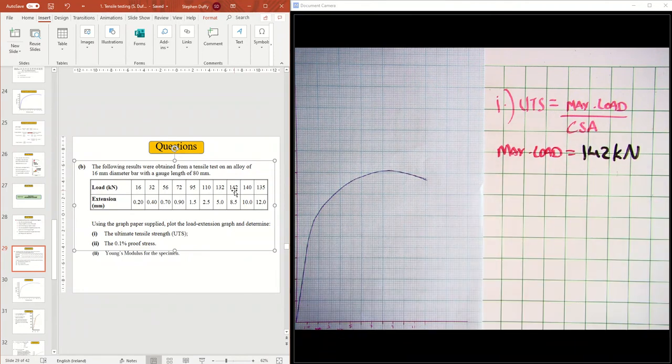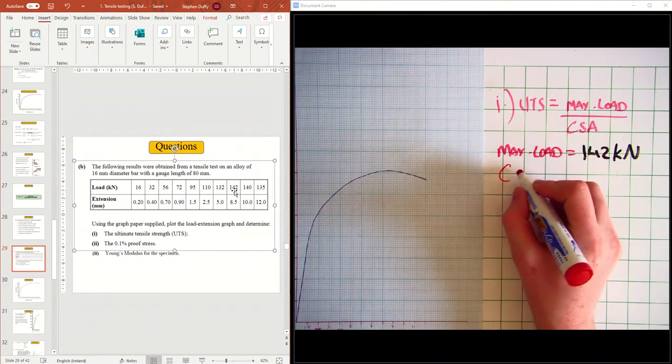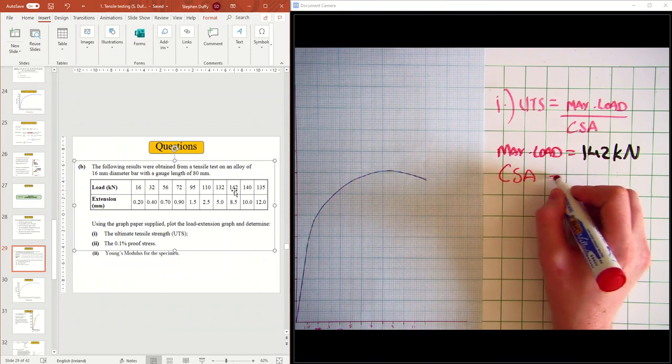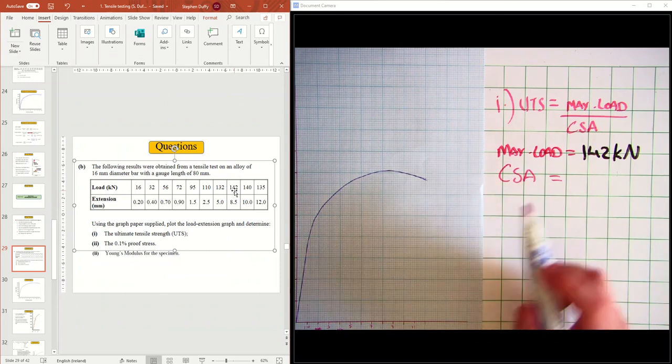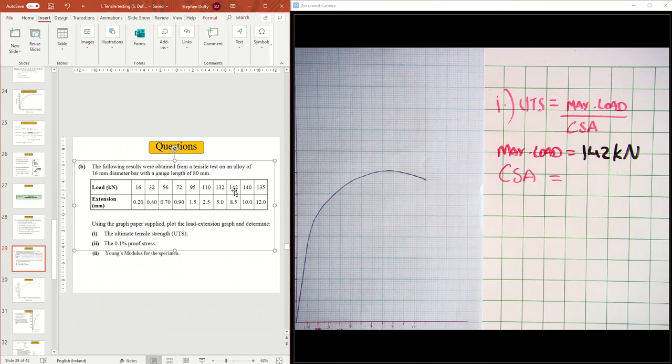Now, the cross-sectional area is the next one. We need to find the cross-sectional area of the specimen. In this example, it's an alloy and it's a 16mm diameter bar. Well, 16mm diameter, we know if it's a diameter, it has to be a circle.